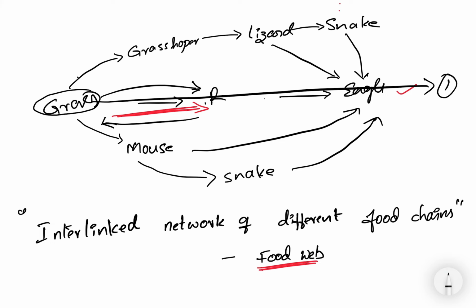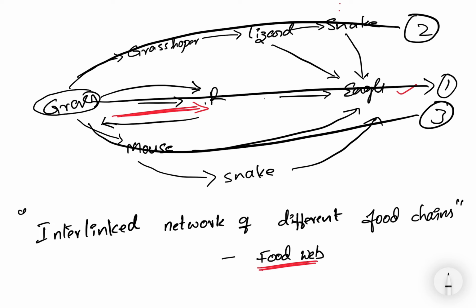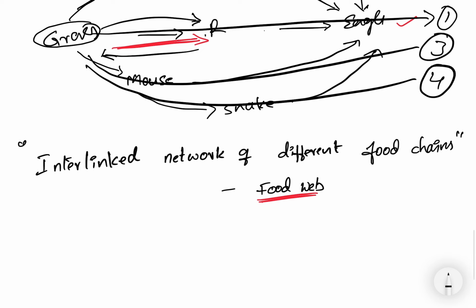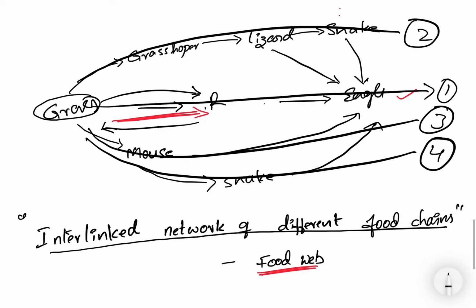Food chain number 1, food chain number 2, food chain number 3, and food chain number 4. So in every ecosystem, many food chains exist. Now, the interlinked network of different food chains: in this picture, you can observe the different connections between the food chains of an ecosystem.